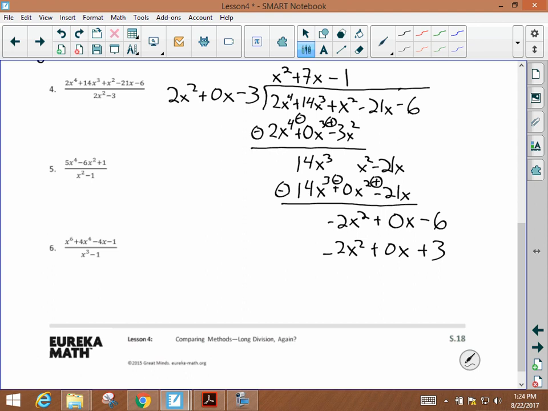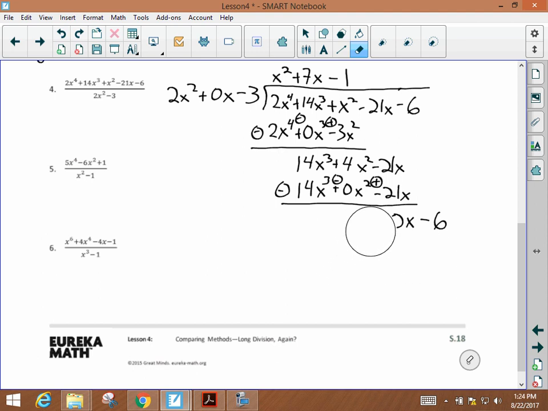So this should be a positive 4x squared. Which means that this right here is going to change, and that's going to make our life great. This is 4x squared plus 0x minus 6. That's going to change this too, isn't it?